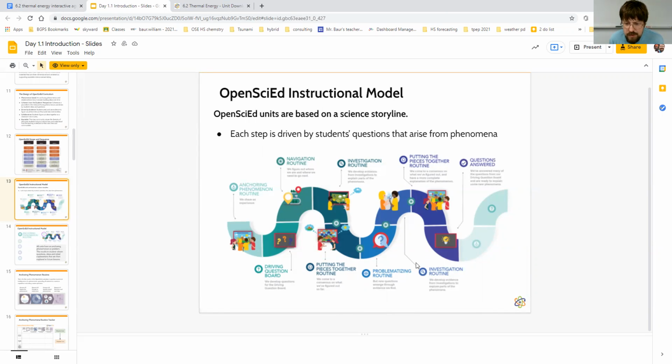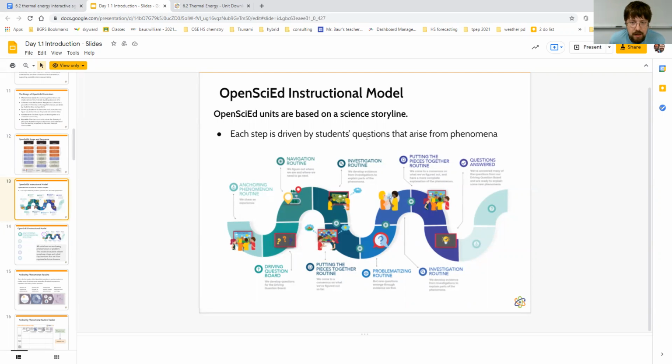We'll also focus on the putting pieces together routine in my third video, and how to get students to synthesize all the investigations they've done to revise their model and have a more complete explanation of the phenomena than what they had at the first part of the unit.